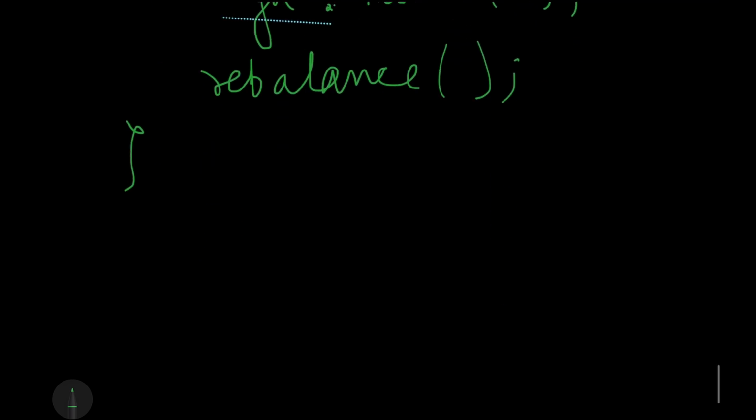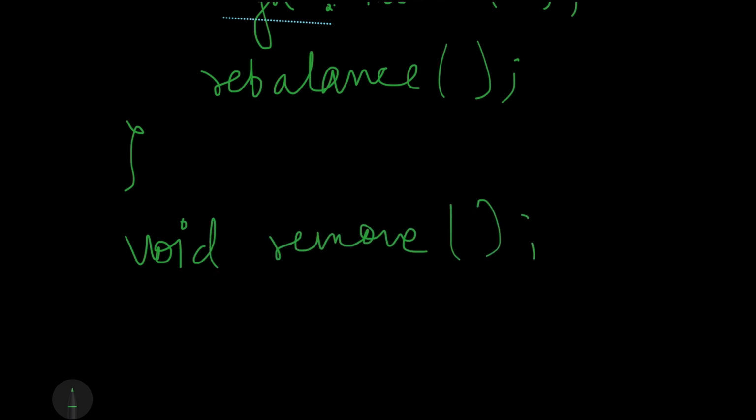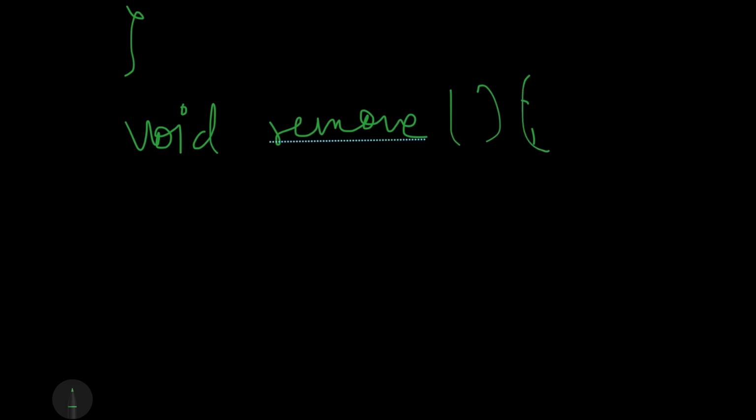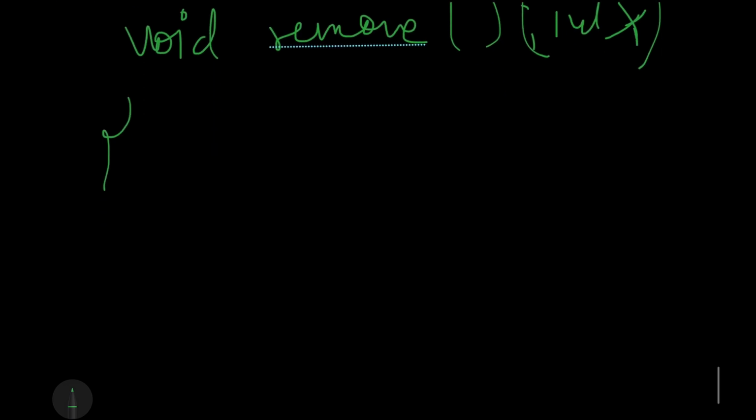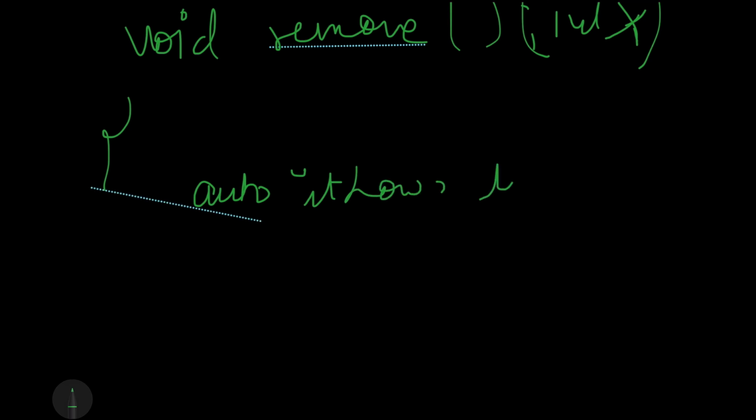Now we'll define our method to remove the elements. We are just making tools so that our final sliding window will be easy. Here we send the element which we have to remove.